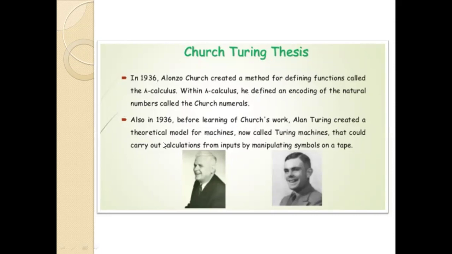Then in 1936, before learning of Church's work, Alan Turing created a theoretical model for machines, now known as the Turing machine, that could carry out calculation from inputs by manipulating symbols on tape. So one was Alonzo Church, because of whom lambda calculus was created, where he defined an encoding of natural numbers named Church numerals, right? And in 1936, Alan Turing created his Turing machine.